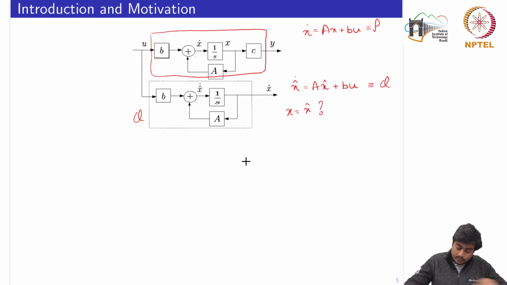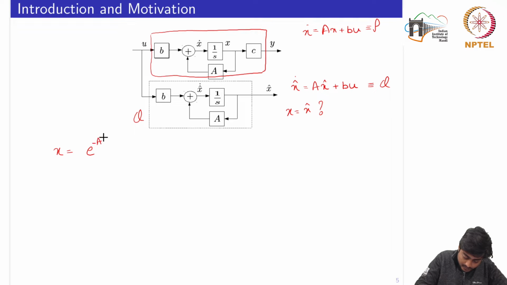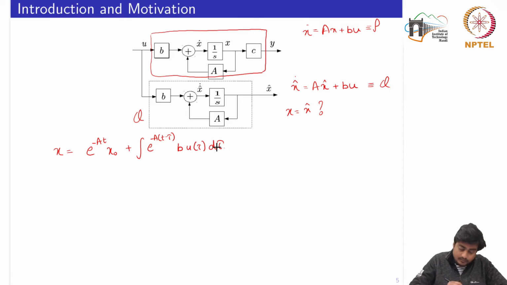So if we go back to this problem, what do we need? First of all, let's see the solution for x of the plant. The solution of x, we know, you can compute by e to the power minus at x naught. This would be the solution of the plant, and the solution of the observer is x hat.